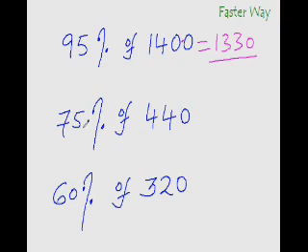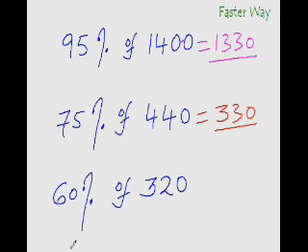Now look at the second one. 75% is nothing but 50% plus 25%, and 50% of 440 would be half of this, that is 220, isn't it? And half of 50% is 25%, so half of 220 is 110. So adding 220 to 110, it would be 330 using the jumping trick of addition.